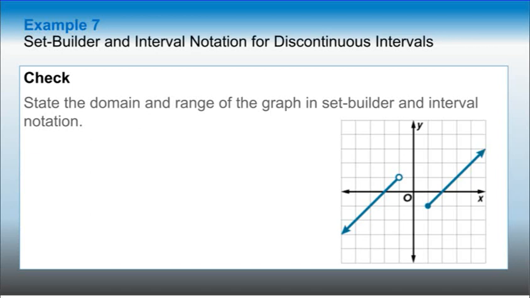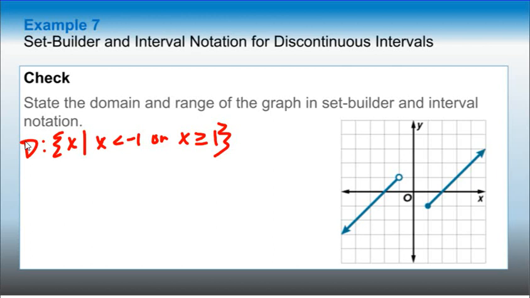Next is the domain and range in interval notation. We'll do set builder notation for domain. So for this one, from left to right, we would have x such that x is less than -1, or x is greater than or equal to 1.